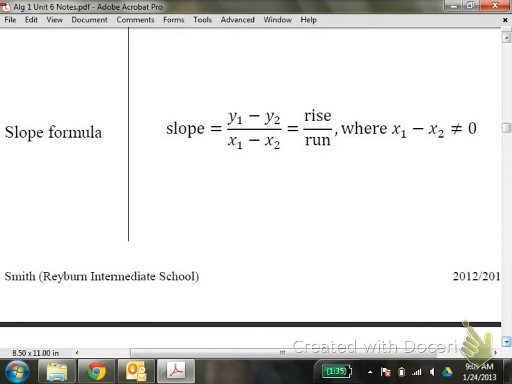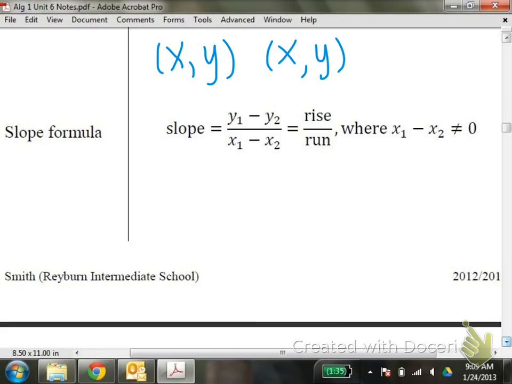So what if I want to find the slope, but they don't give me a graph to count? We have a formula for that. To find the slope, you're going to be given 2 points. You know how points are always written x comma y.